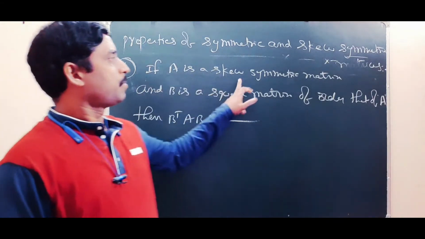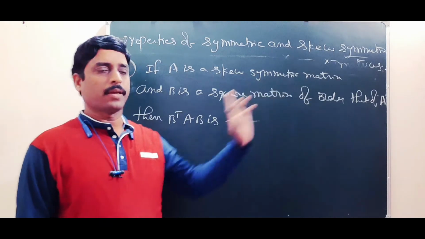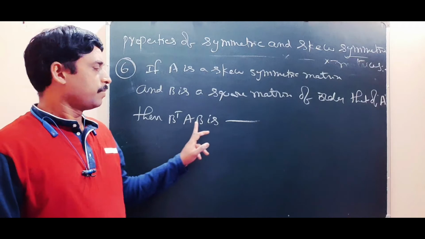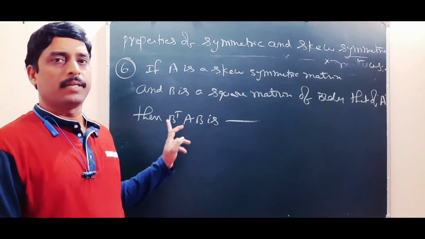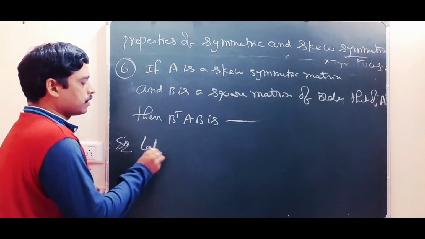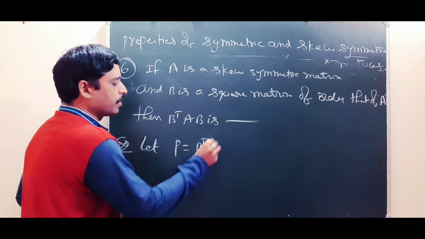Now explain the sixth point. If A is a skew symmetric matrix and B is a square matrix of the same order as A, then B transpose AB is what? Now explain this point. Let us take P equal to B transpose into AB.